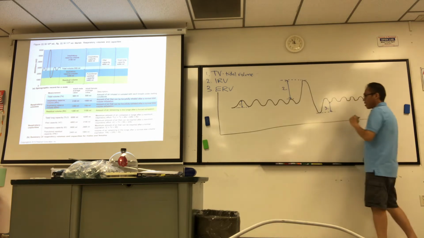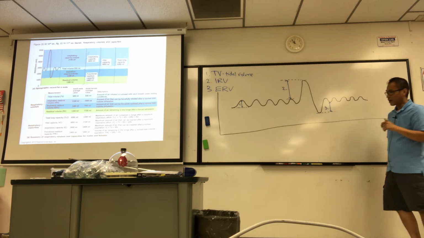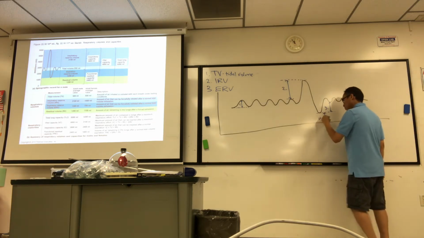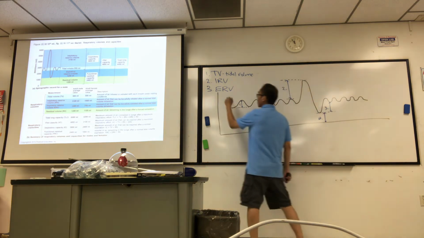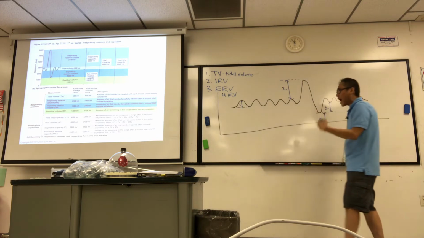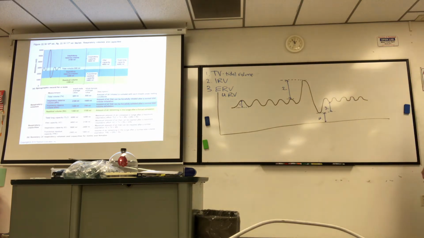There's a volume of air you cannot get out of your lungs unless you collapse the lung, right? And that volume is right here. It's the RV, residual volume. Because that air always resides in your lungs. Can't get rid of it. And it's good to always have some air in the lungs.